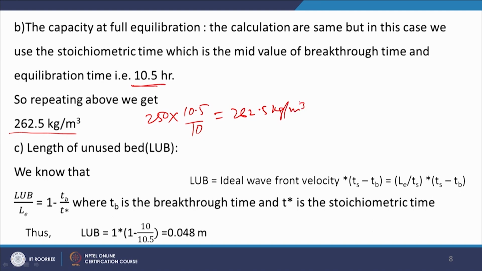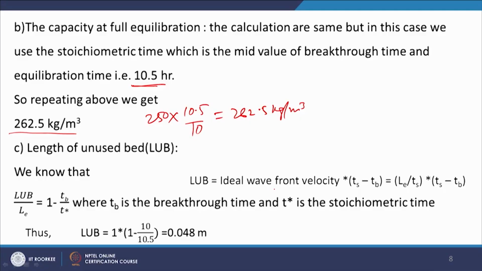Then the third part, the length of unused bed we have to find. In our previous class we have discussed one formula, that is LUB is the ideal wave front velocity into T s minus T b, and that is equal to LE by T s into T s minus T b.